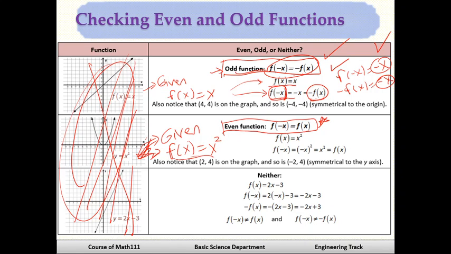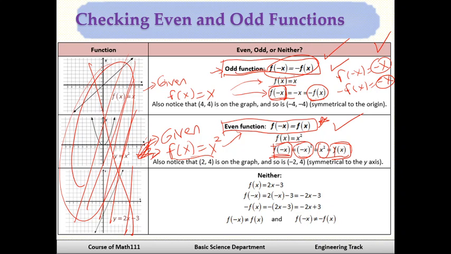The function will be given to you and you will be asked to find whether it's even or not. So for the evenness, you check f of x and f of minus x. When you calculate f of minus x, you get minus x squared, which is equal to x squared. So you get f of minus x equal to f of x. Then you say it's an even function.